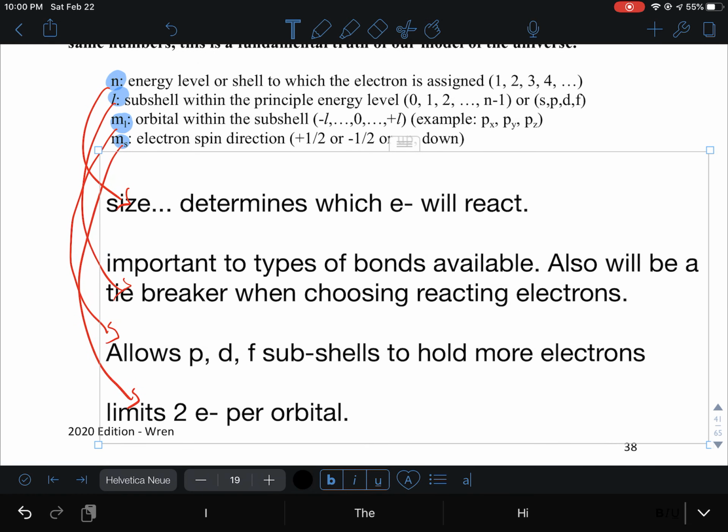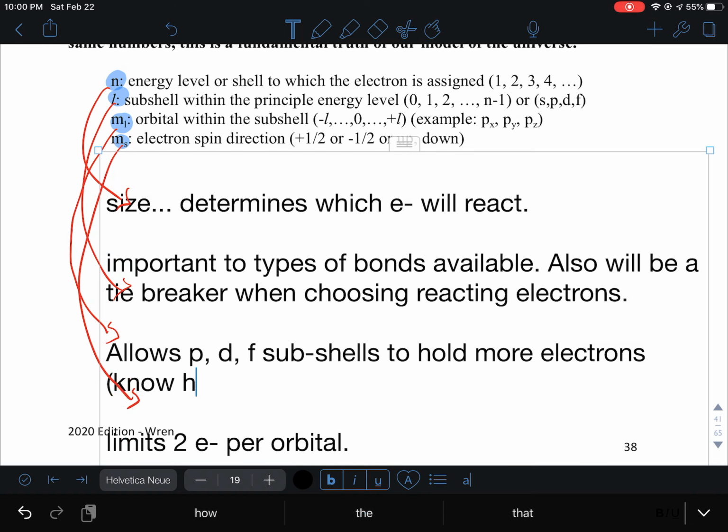The ML values allow for the p, d, and f subshells to hold many, many more electrons, or many versions of those electrons, but those ML values, we aren't even going to really play with, honestly, other than knowing how many there are. You really just need to know how many orbitals per type.